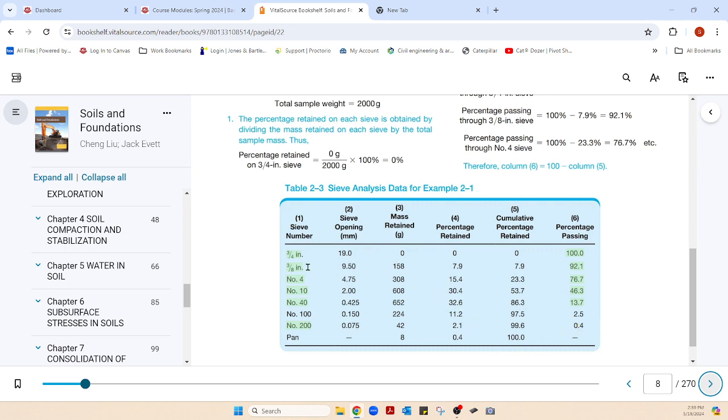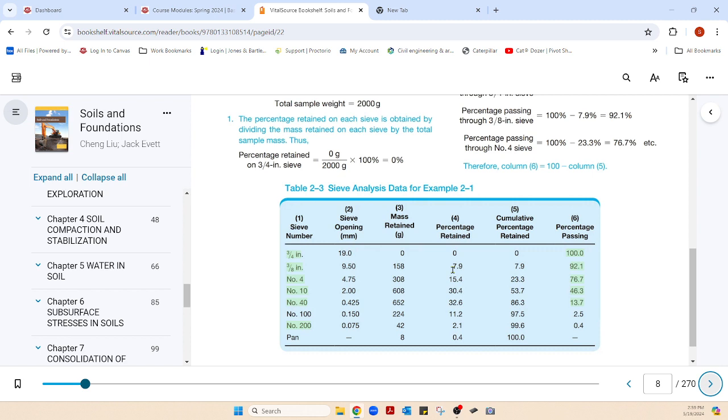So how do we get from here? How do we know the sieve openings? This is given, the grams retained for each sieve. And this is what we got to calculate. We got to calculate the percentage retained, and we need to calculate the cumulative percentage retained.